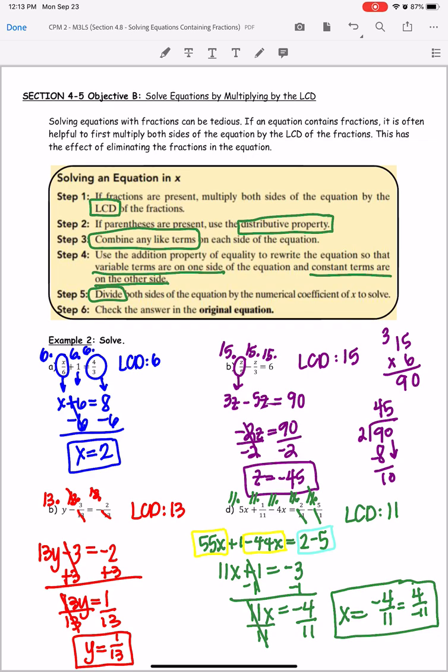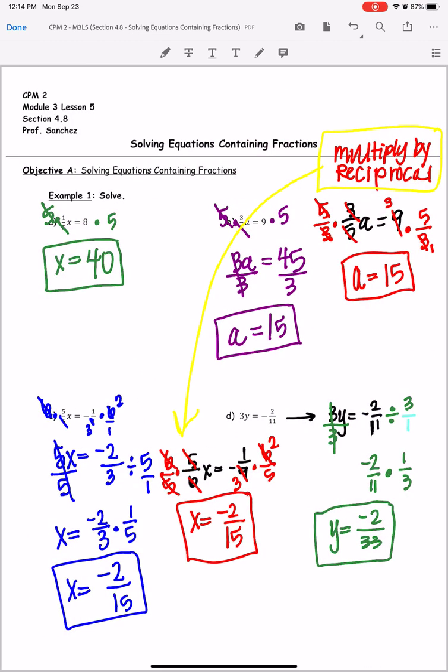Okay, so now on this next page we're about to do a combination of multiplying by the LCD and this one here of when you just need to multiply or divide by a fraction. Really and truly, what we were doing on this page though is multiplying by the LCD, right? In this first problem here, the LCD was 5. We multiplied by 5.